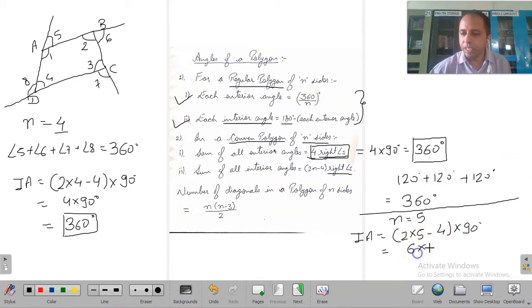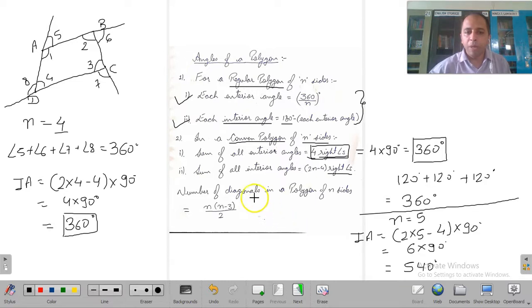So it is 6 multiplied by 90. And 6 multiplied by 90 is 540 degrees. So the sum of all interior angles of a pentagon is 540 degrees. In this way we can calculate the sum of all interior angles of any convex polygon. We just need to know the number of sides.